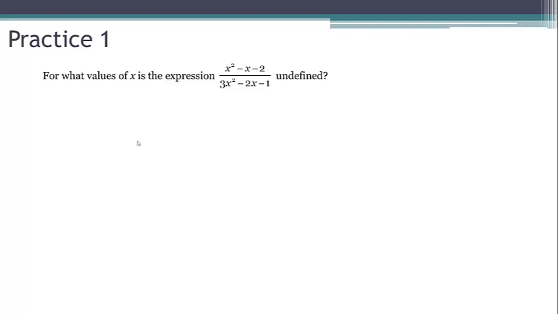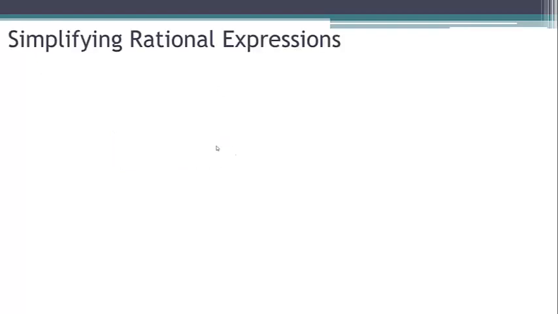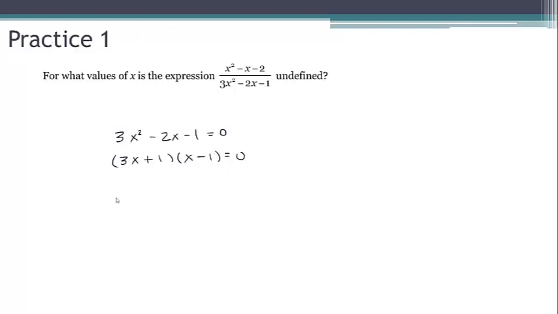So what I'm going to do here, I'm going to set the denominator equal to 0. And I've got to solve this equation. Well, I've got my fingers crossed here. I'm hoping this thing factors. Let's see. I'm thinking 3x plus 1 times x minus 1 equals 0. And that's going to give me two results again. 3x plus 1 equals 0.